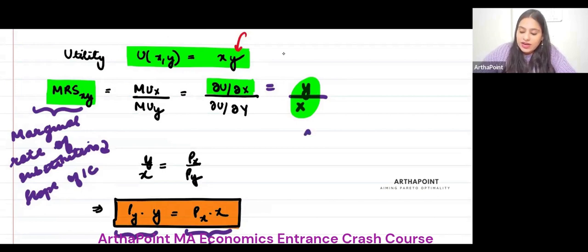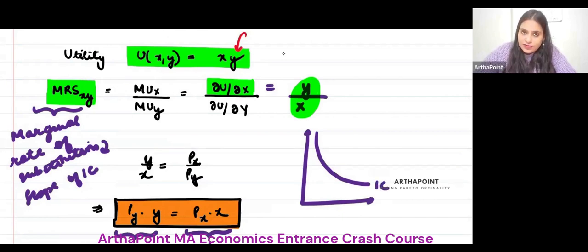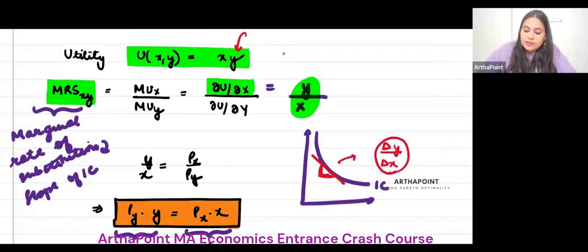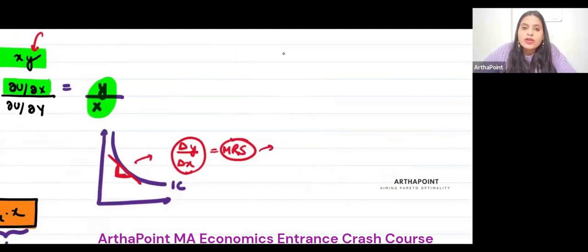So when I have my indifference curve here, the slope of the indifference curve, that means if I find out perpendicular by base of the indifference curve, what is the change in good Y upon change in good X? That is MRS.